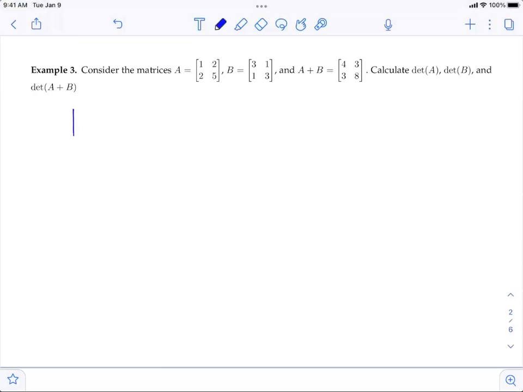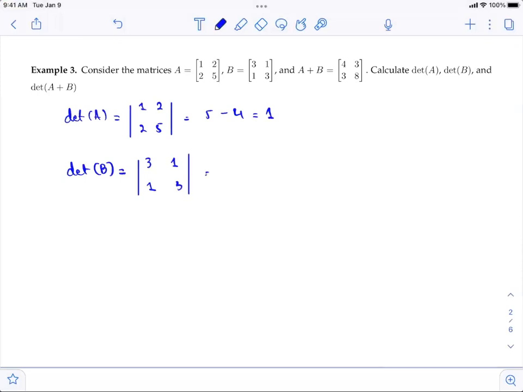Again, the determinant of A, with rows 1, 2 and 2, 5, is equal to 5 minus 4, equal to 1. The determinant of B, with rows 3, 1 and 1, 3, is 9 minus 1, equal to 8.